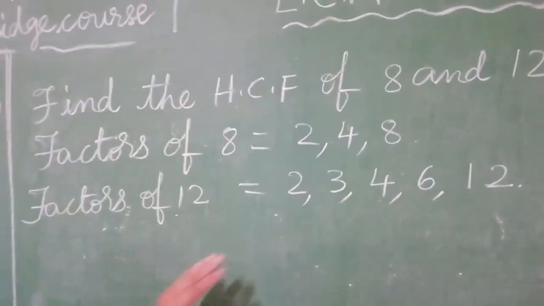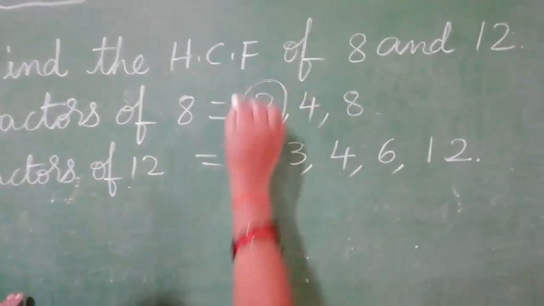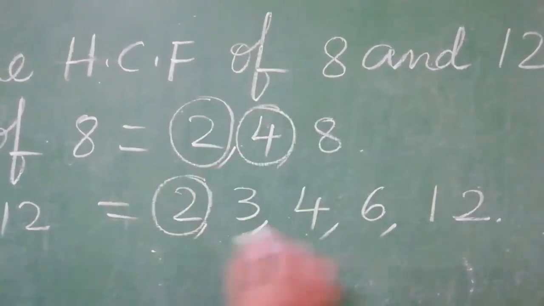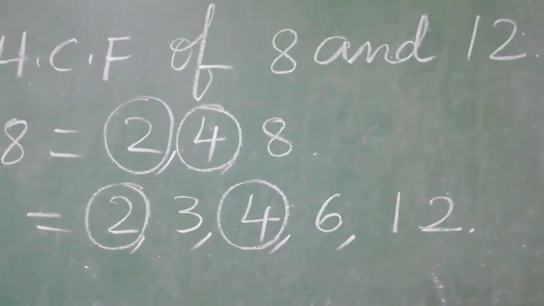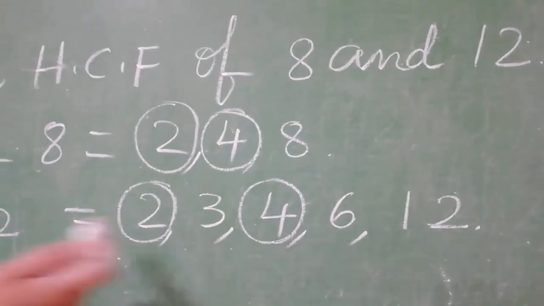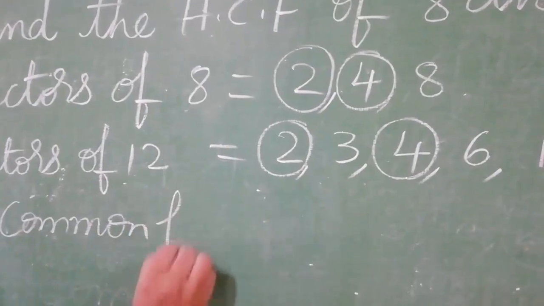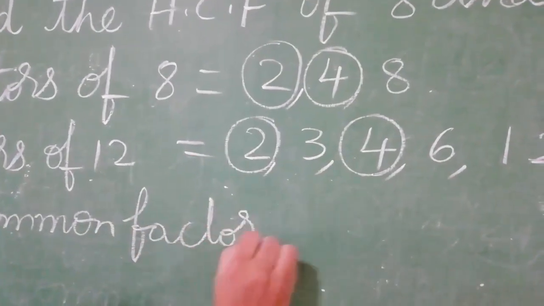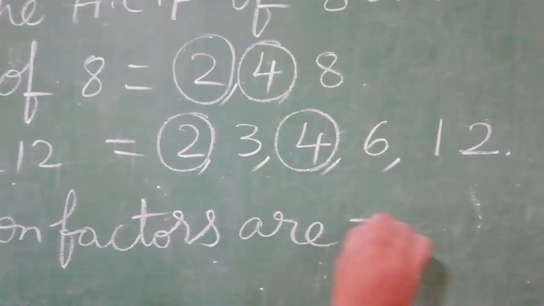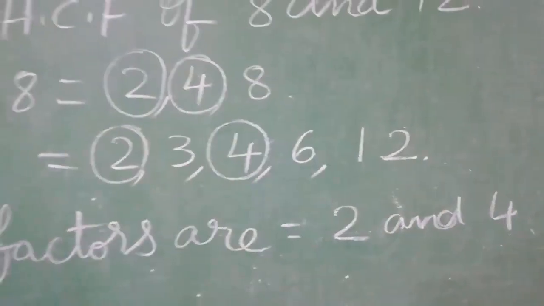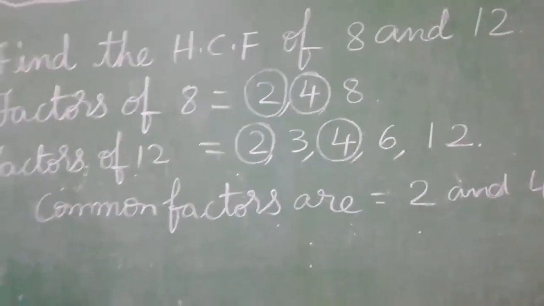Now circle the common factors. As 2 is there, 2 is a common factor. Next number 3 not there. Next 4 is there. Next, what are the common factors? Common factors are 2 and 4.